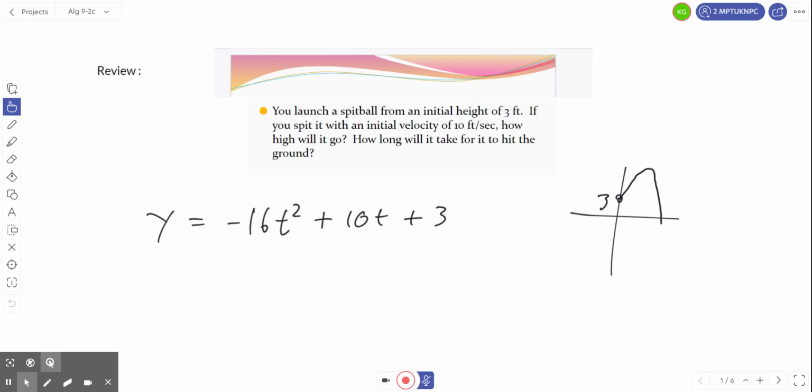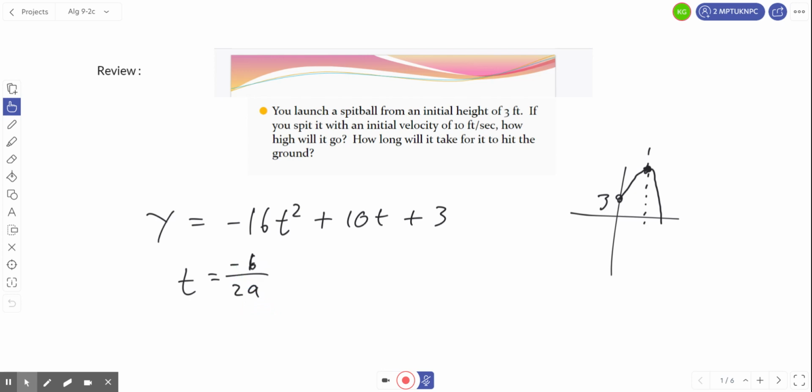So to figure out how high it will go, we can use our equation. How high it will go will be at the vertex, and that'll be on the line of symmetry. We have an equation that tells us the line of symmetry, and that equation is that time will equal negative b over 2a.